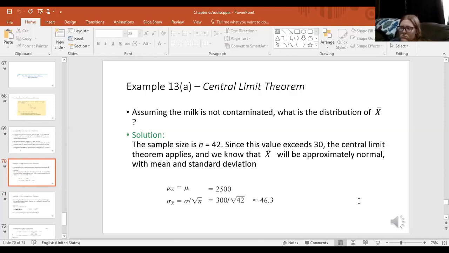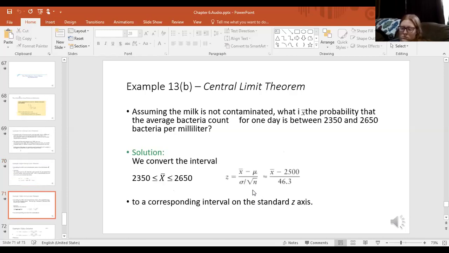We need the central limit theorem when we don't have information about the original distribution. So this is normal, and the mean of the sample mean is 2,500. The mean remains the same. The standard deviation of the sample mean is the standard deviation divided by the square root of n, which is 46.3. So it's no more 300, it's now 46.3.